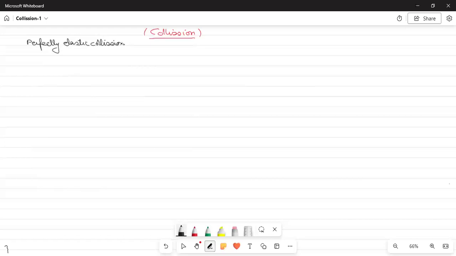We shall generate our equations based on perfectly elastic collisions, and in the next session we shall see what about things which are not perfectly elastic. One condition of perfectly elastic collision is that kinetic energy is conserved.